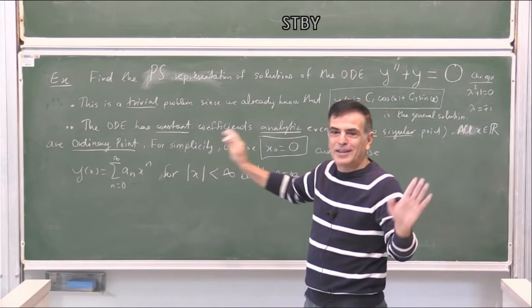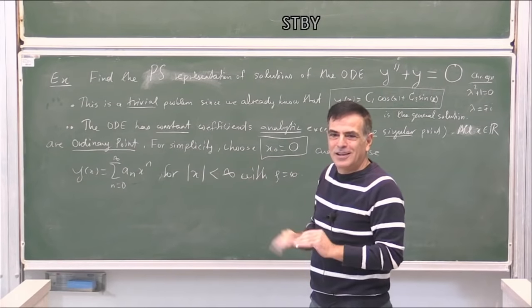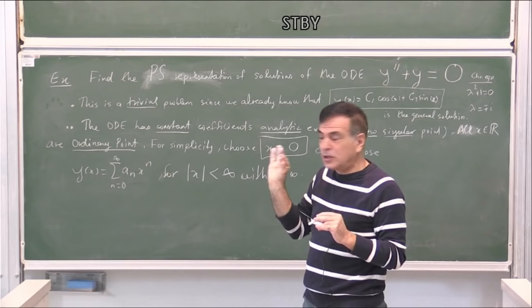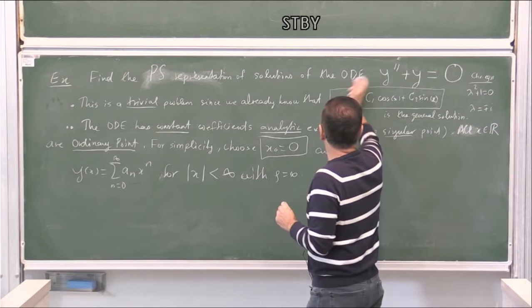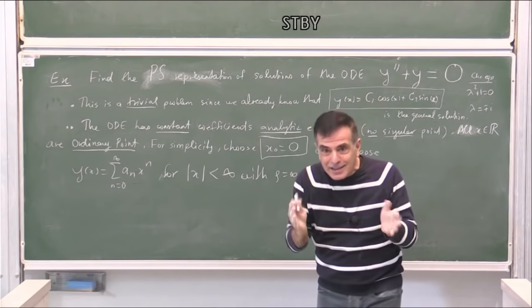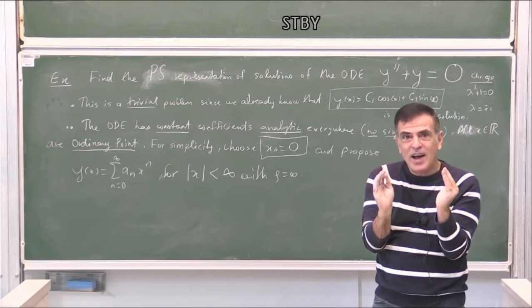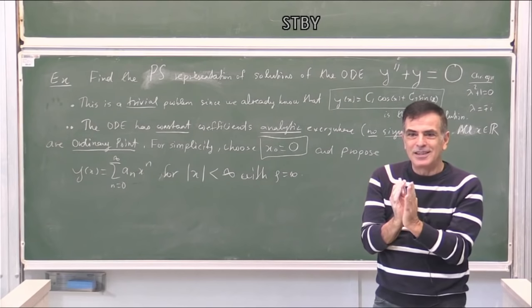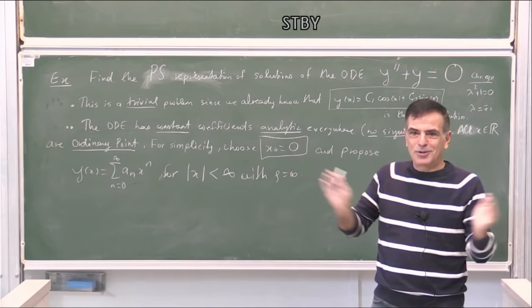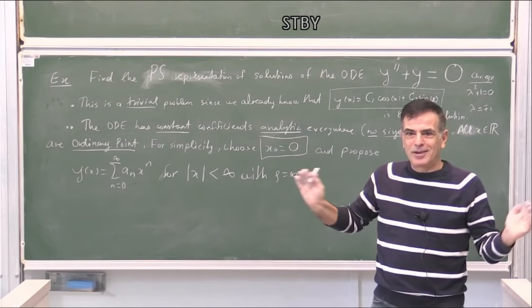Look, without finding the solution, we give the radius of convergence of the proposed power series solution, looking at the differential equation under consideration and identifying its singular points. No singular point, so the radius of convergence is infinite.